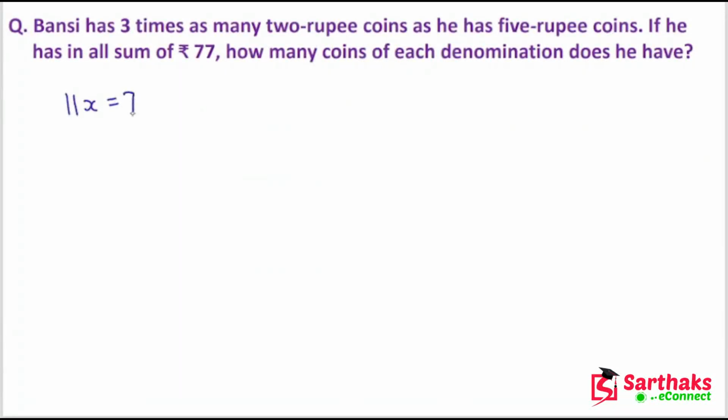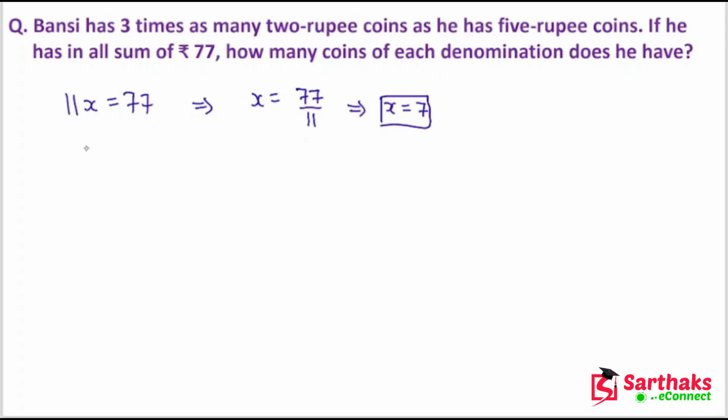So what we got is 11x is equal to 77. If we divide both sides by 11, we have x equal to 77 upon 11, which simply gives us x equal to 7. Now what was x? The number of 5 rupee coins.